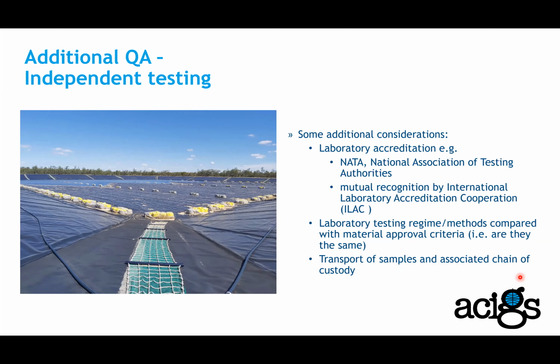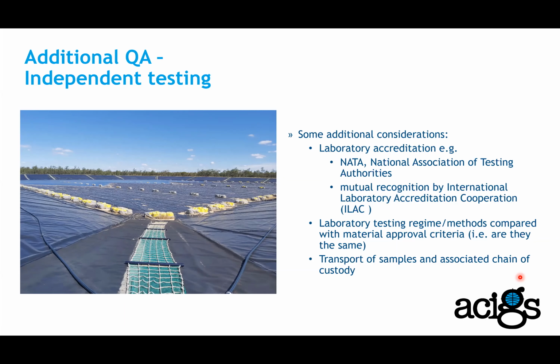Laboratory testing regime and methods compared with material approval criteria, and are they the same? We need to make sure that the testing regime is in accordance with the approval criteria. Then, transport of samples and associated chain of custody. Again, if we are doing sampling, we need to consider that chain of custody and the transport of samples.